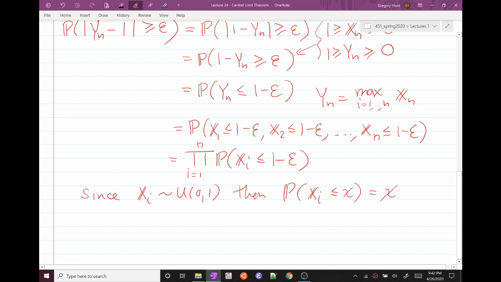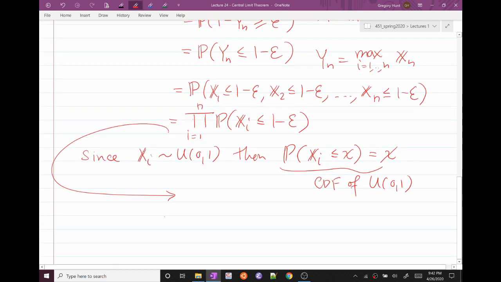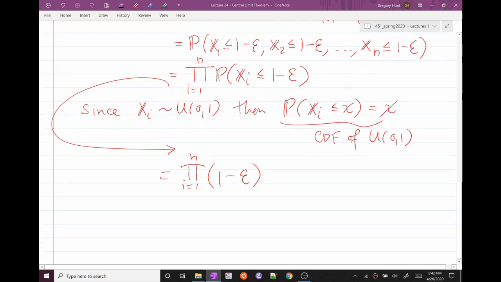This is the CDF of a uniform (0, 1). And so continuing our chain here, this is the product, and the probability any of these Xi is less than or equal to 1 - epsilon is just 1 - epsilon. So we get just the product of 1 - epsilon n times, so it's (1 - epsilon) to the n.